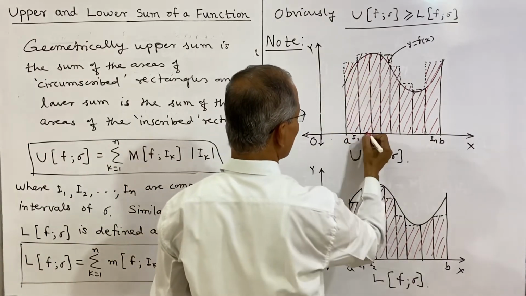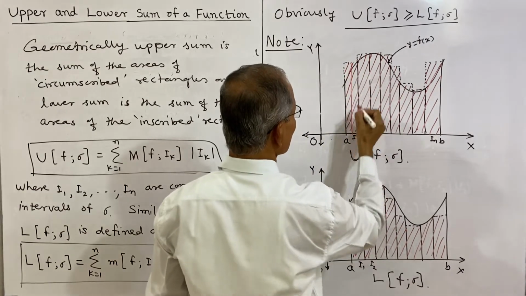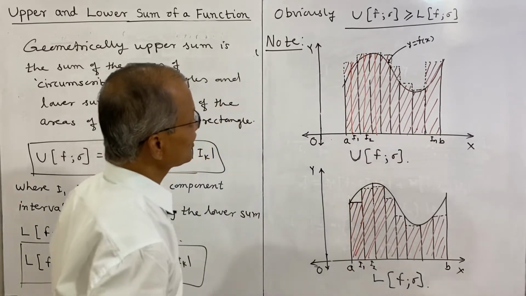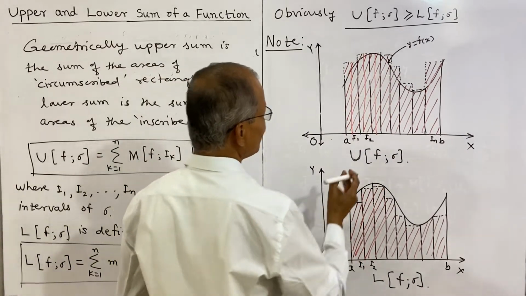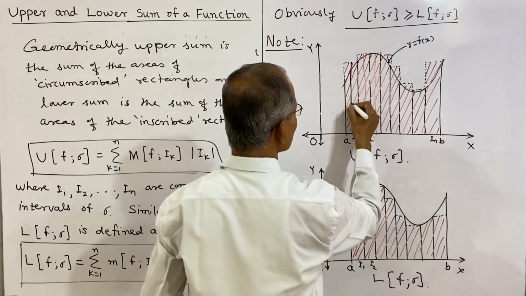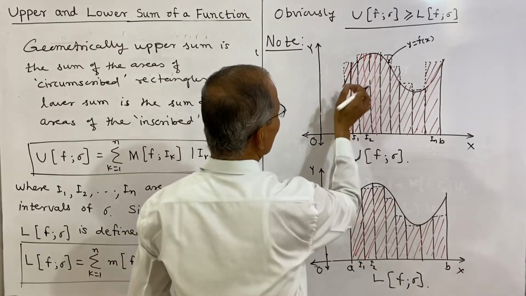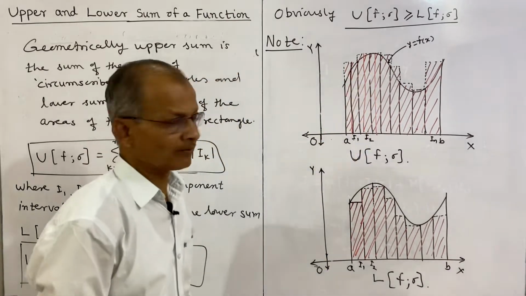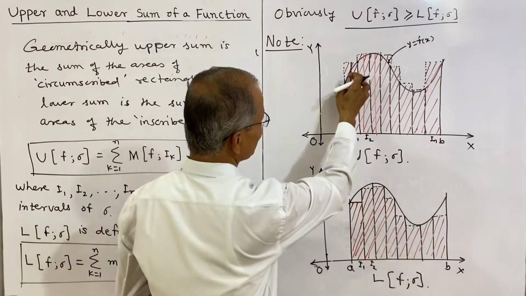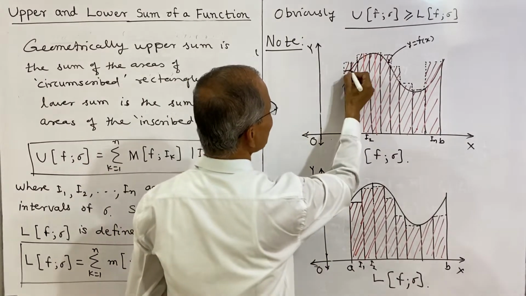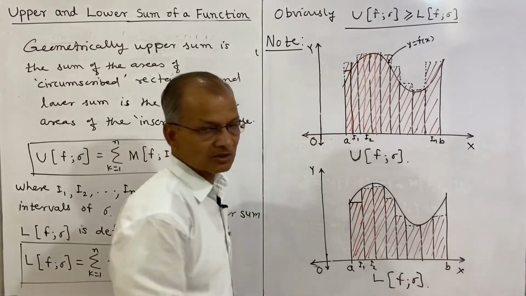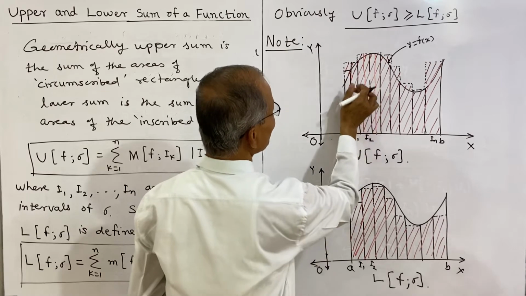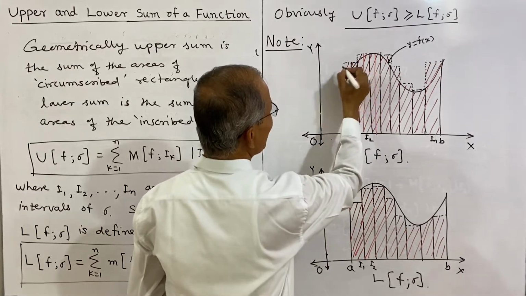So when we take the refinement, the intervals are increased, and if I1 is split in two parts, then the first term will be the maximum height of the function in this interval, and the maximum value of the function in the second component will be this one. So that means this part will be deleted.